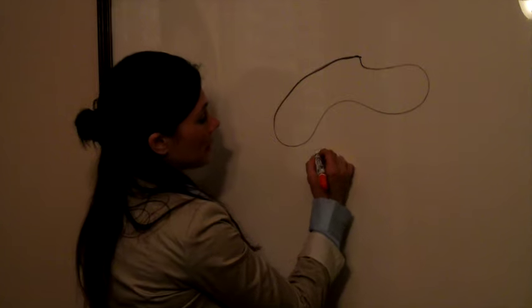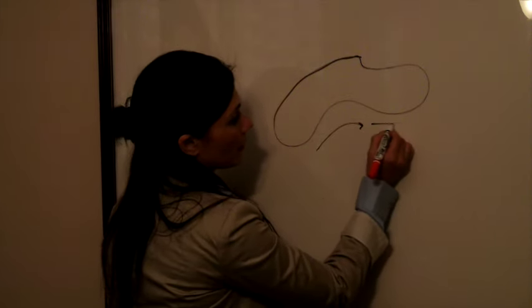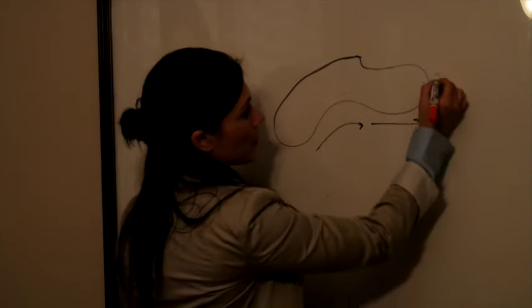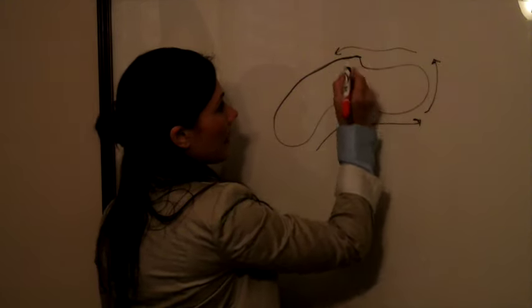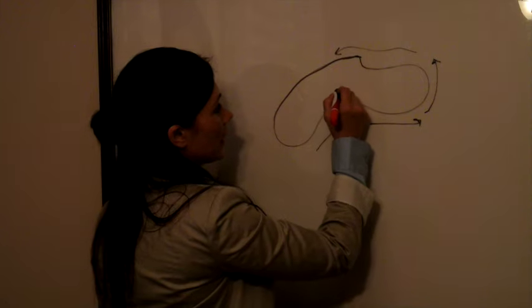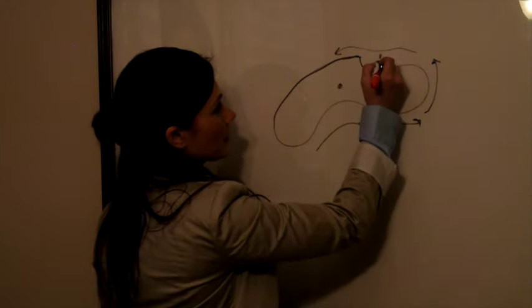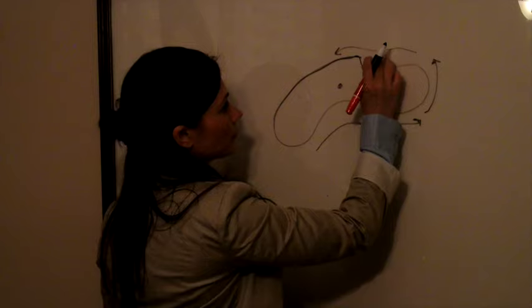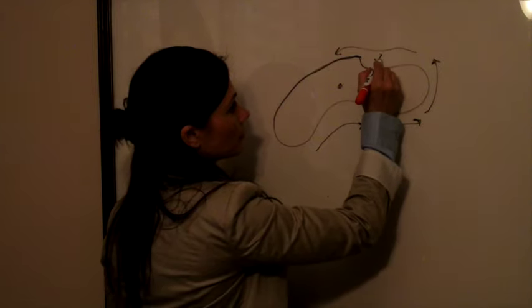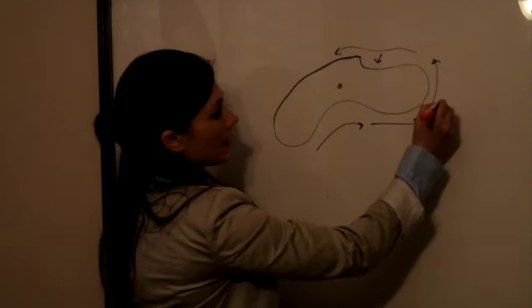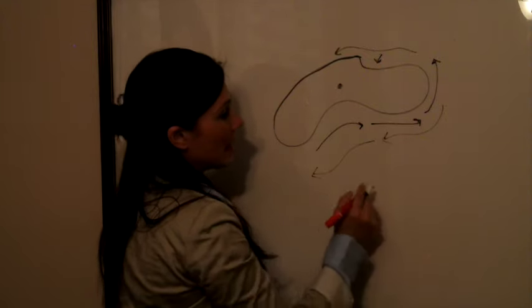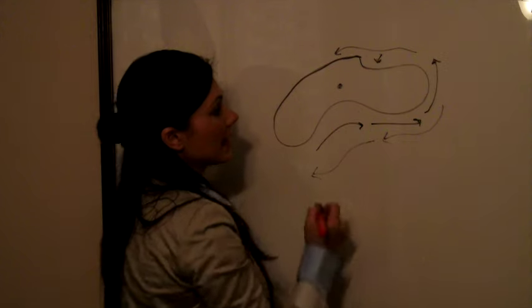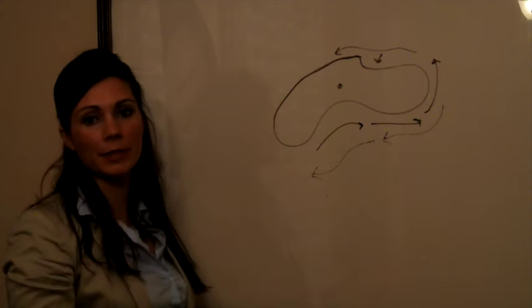So as we sketch the curve, this would be positively oriented as long as our region is to the left when we sketch. If we sketch and it's to the right, then this is a negatively oriented region.